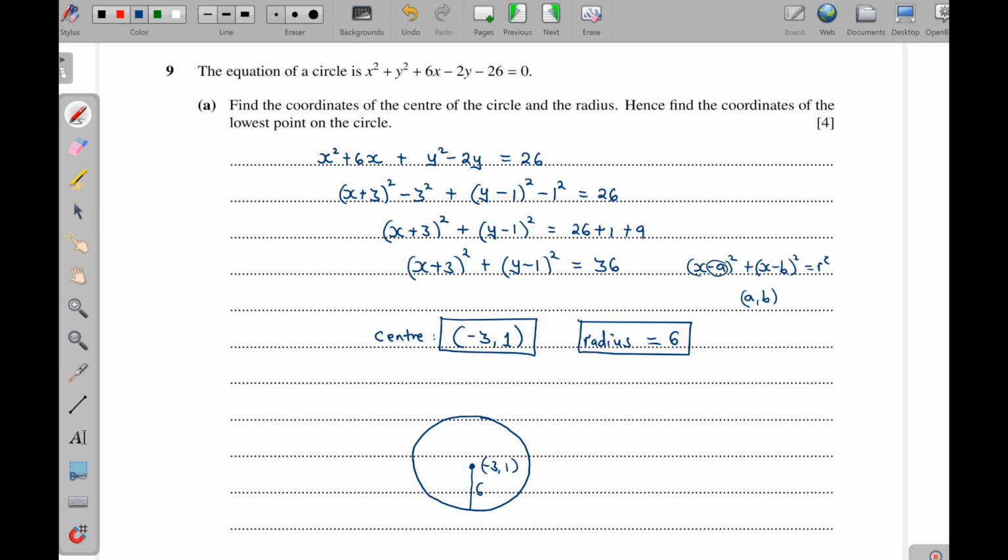So the coordinates of the lowest point, the x coordinate here is going to be negative 3 minus the 6, because you are going down. No, actually, the x coordinate is still negative 3. Pardon me here. Then the y coordinate, you have this one here, subtract off the 6. So minus the 6, because this one is 6.